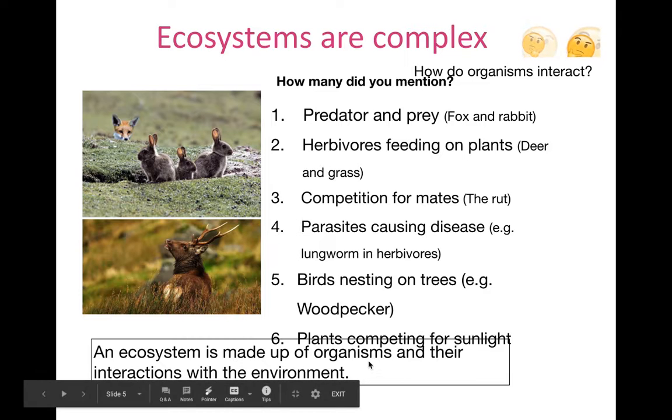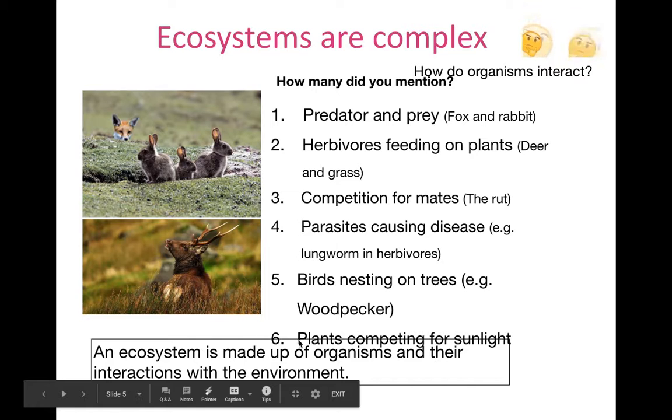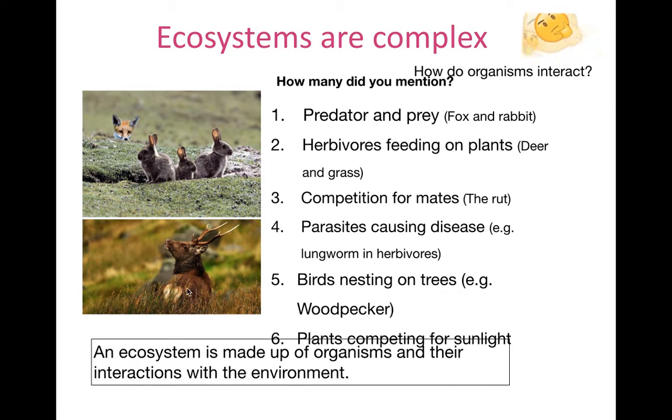Ecosystems are made up of organisms and their interactions within that environment. So an ecosystem is not a physical thing. An ecosystem would be all of the organisms and their interactions in the actual environment. Let's say a grassland, for example.